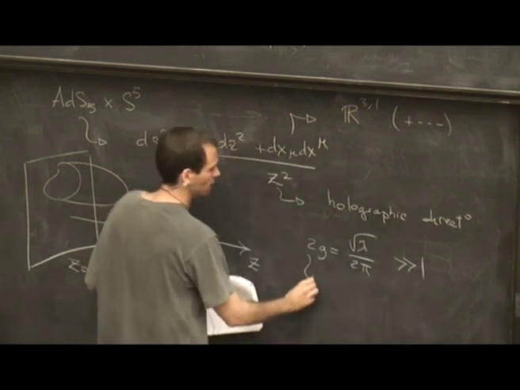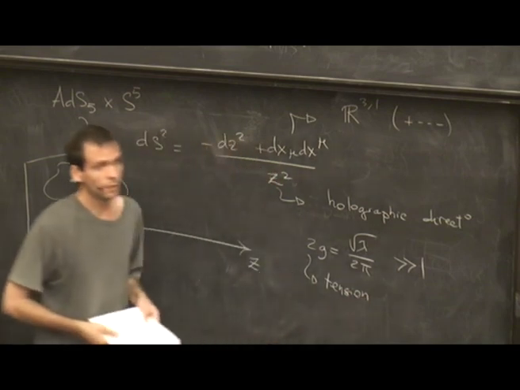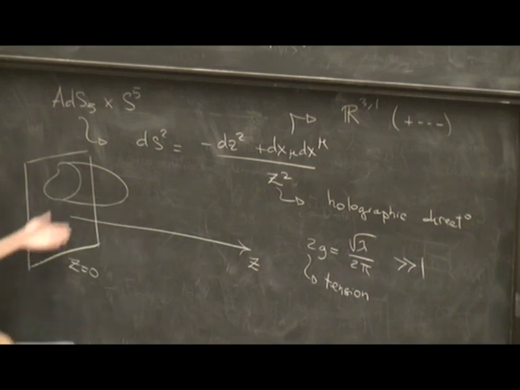The reason is that this is the tension of the string. So when it is large, the fluctuations of the string are small, and so we can rely on a semi-classical description.